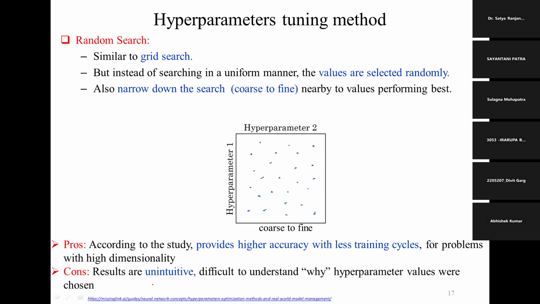Because if someone asks us why you chose this learning rate 0.001, why you are considering batch size 8, why that value? Because we are using random search, it is sometimes difficult to explain why we are considering these values. So this is the random search problem. Another point is how random search works: first we take some random values and check the pattern.